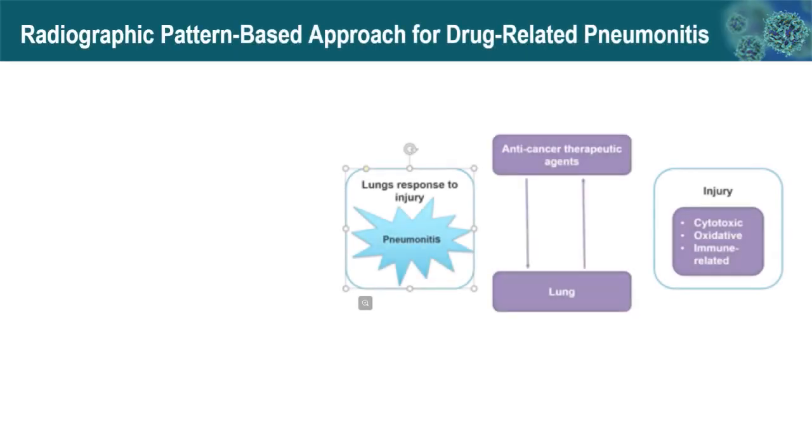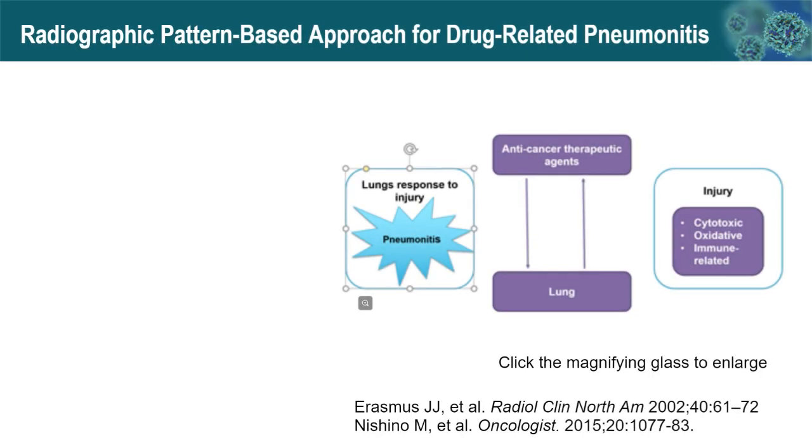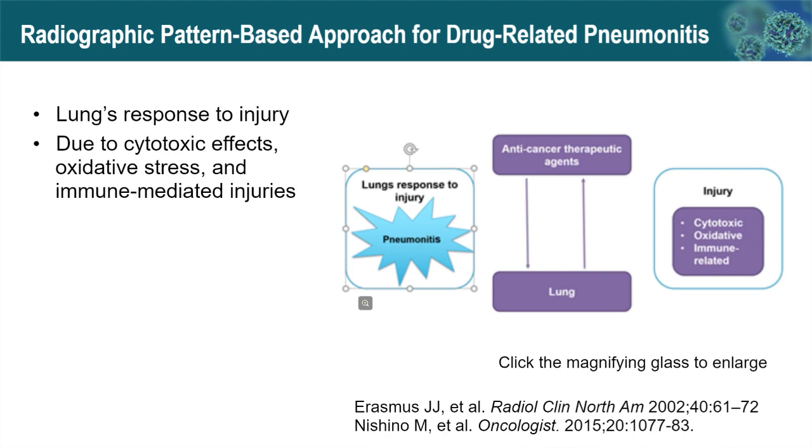When we think about pneumonitis from cancer immunotherapy, it is important to step back and think about drug-related pneumonitis in general. And when we're looking at imaging of these pneumonitis cases, it is important to note that what we are looking at is the lung's response to injury. And injury can be due to cytotoxic effects, oxidative stress, and/or immune-mediated injuries.